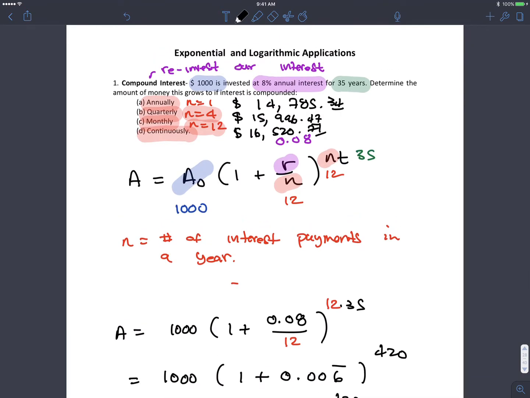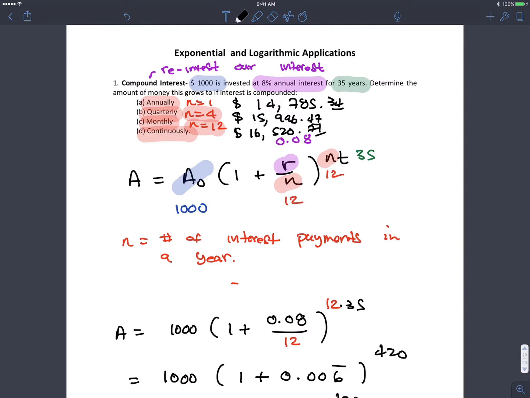But as you can see, the greater number of interest payments in a year, in this case 12 interest payments in a year, ultimately after 35 years gives us a bigger amount, a bigger balance through time. And that kind of makes sense because we're planting the seed, if you will. You're planting money and you're getting a more lush amount at the end of 35 years. So that's pretty much a significant difference from annually to monthly.